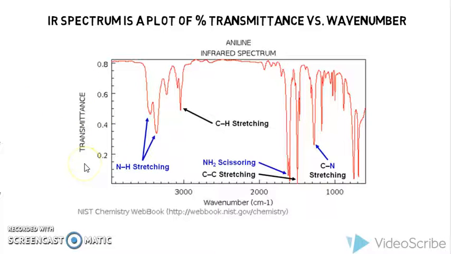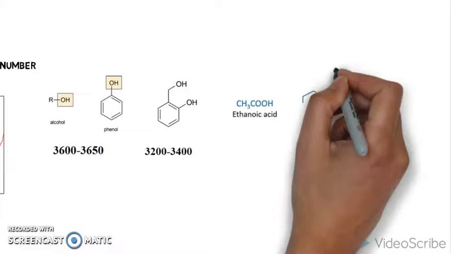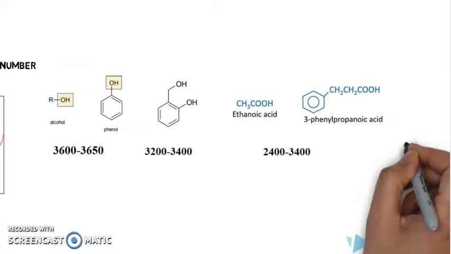In GPAT several times they ask what an IR spectrum consists of. The answer is that on the y-axis it consists of transmittance, and on the x-axis it has wave number.